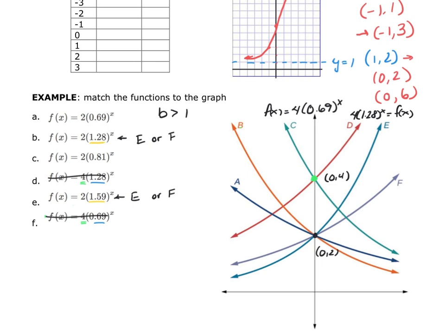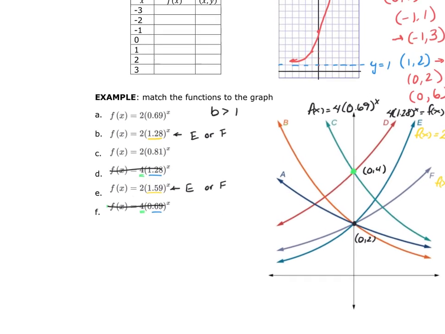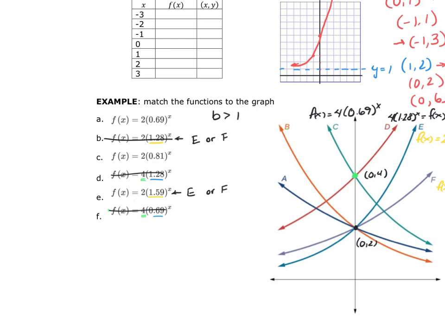So since this is the larger number, we know that E must actually be E. So this is f of x is equal to 1.59 raised to the x. That means this must be f of x is equal to 1.28 raised to the x, and don't forget that 2 up front. So now we're done with these two.